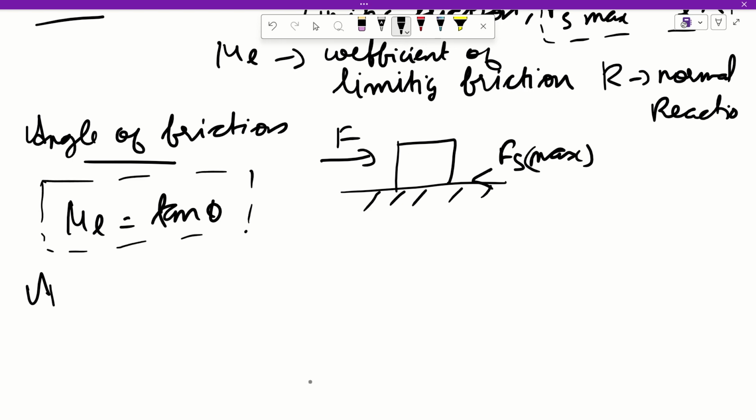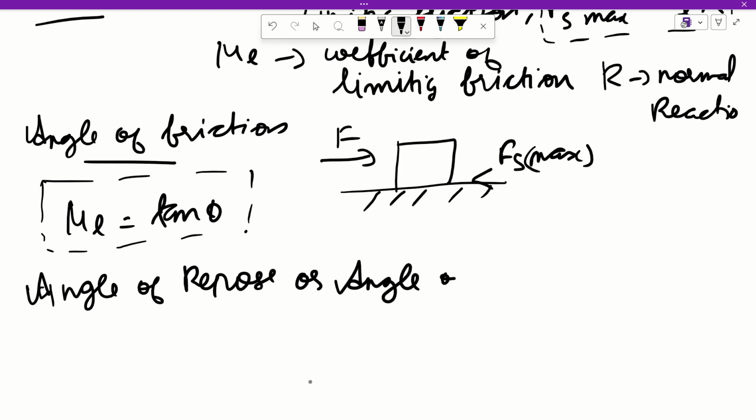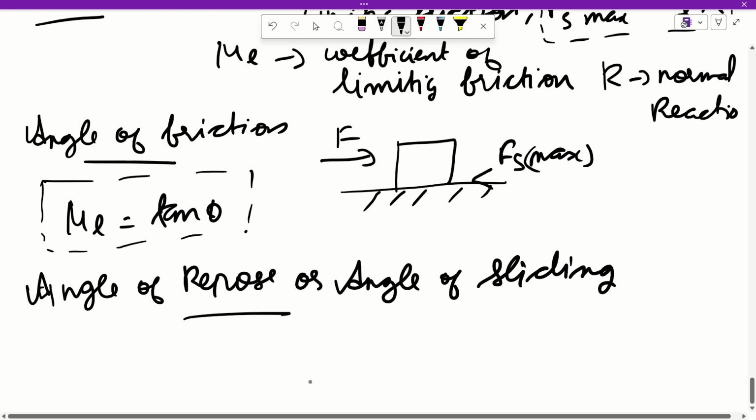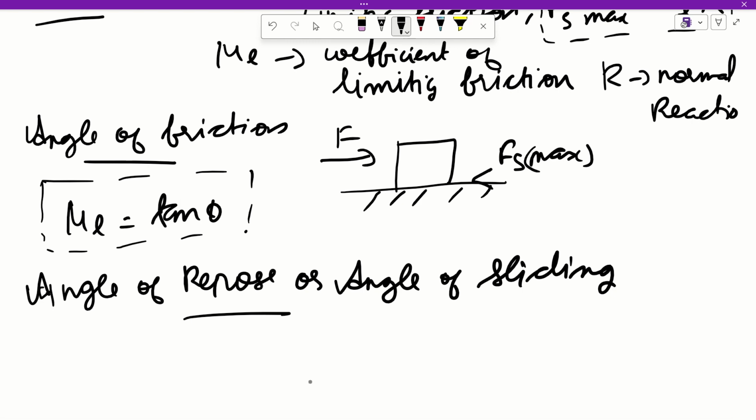The next one is angle of repose or angle of sliding. It is the minimum angle of inclination of a plane with the horizontal such that a body placed on it just begins to slide down.